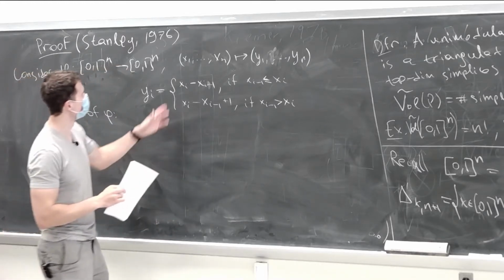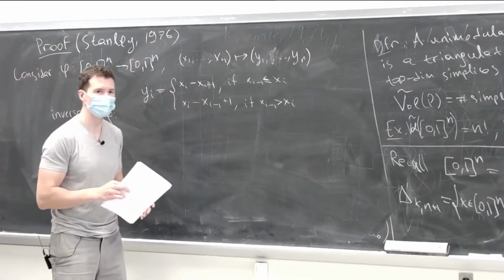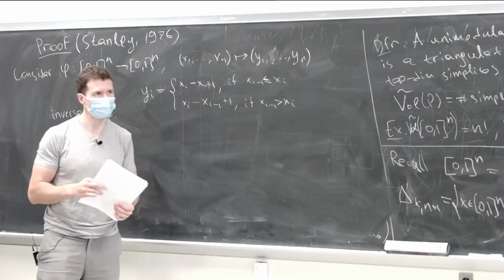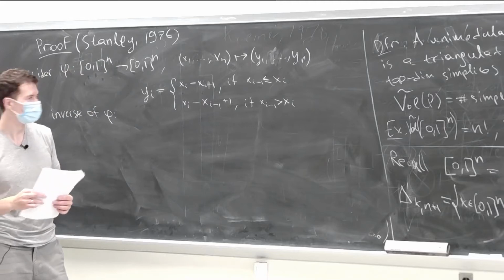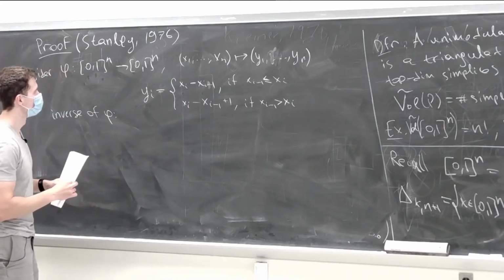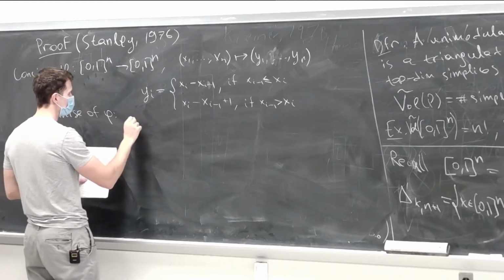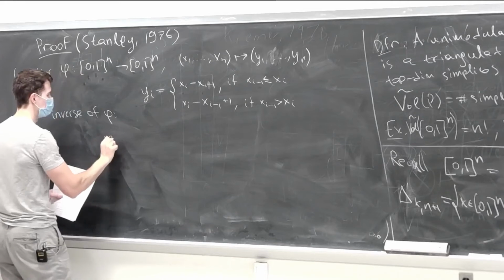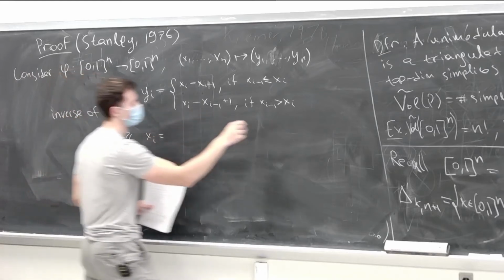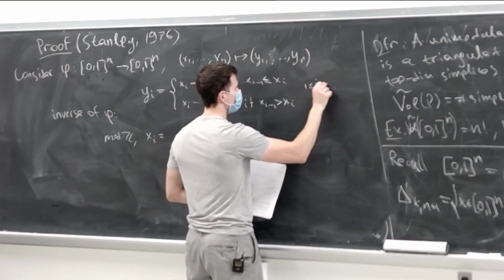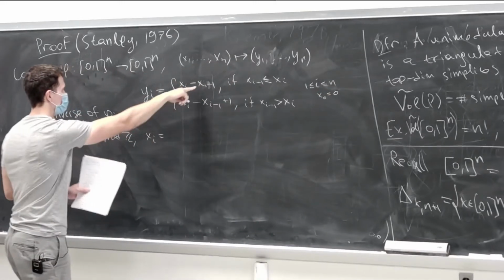Okay, so you're saying that after identifying R mod Z with [0,1), I'm taking the difference and then taking it modulo Z. Here, i goes from 1 up to n, and we assume x0 is 0, so for the first one you subtract 0.